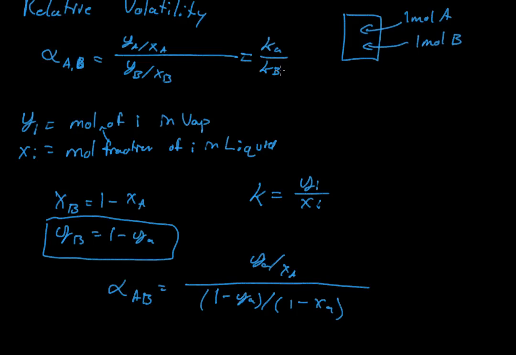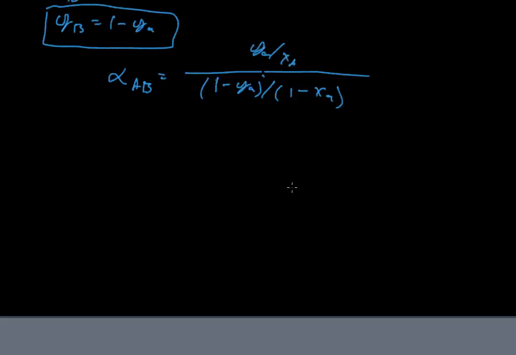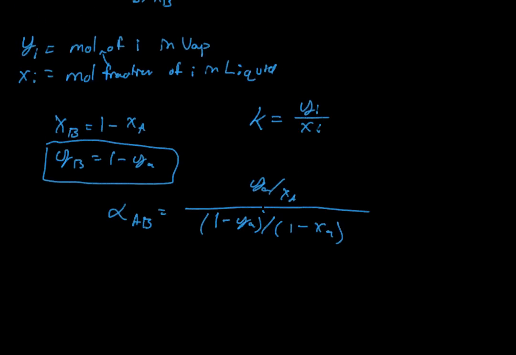And if you really wanted to go far into it, for a system that's slightly ideal, we can say that if Raoult's law applies, then the relative volatility is equal to Ka over Kb, and we can say it's just P sat of A over the total pressure, and then the P sat, and by sat I mean saturated, of B over the pressure.